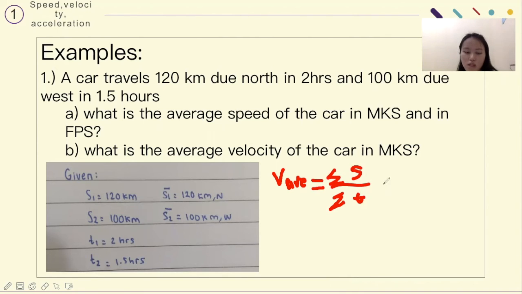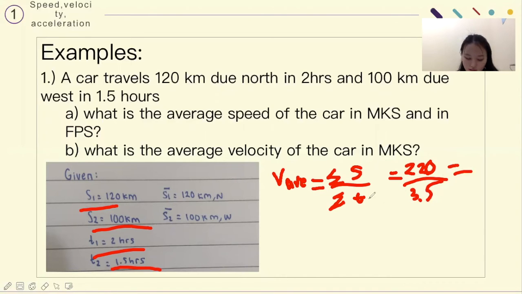This means you need to add s1 to s2: 120 plus 100 is equal to 220, and then t1 plus t2, 2 plus 1.5 is equal to 3.5. Then divide this, and you'll get 63 km per hour.